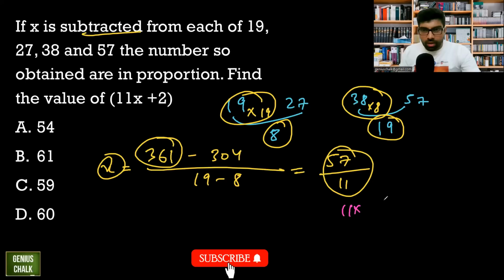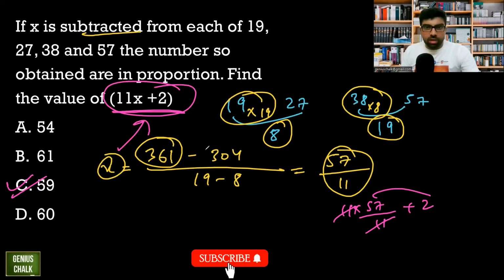So 11 into 57 by 11, you can say 57 by 11 plus 2. 11 gets cancelled. 57 plus 2 is 59. This is my answer. In this question, only the value was asked. So just put the value of x, which you have already learned that it could be fraction also.